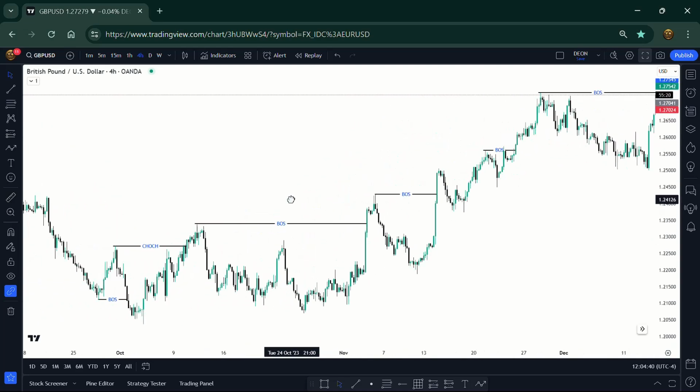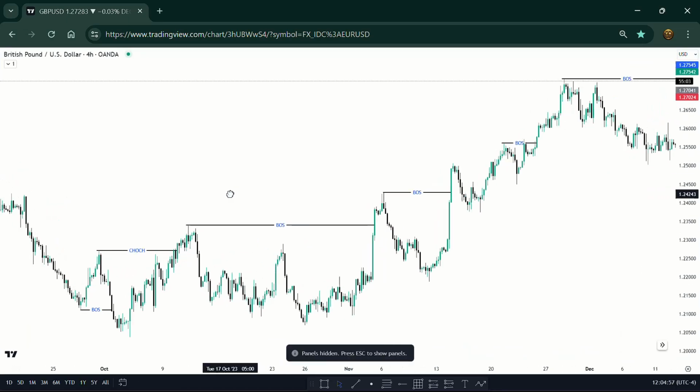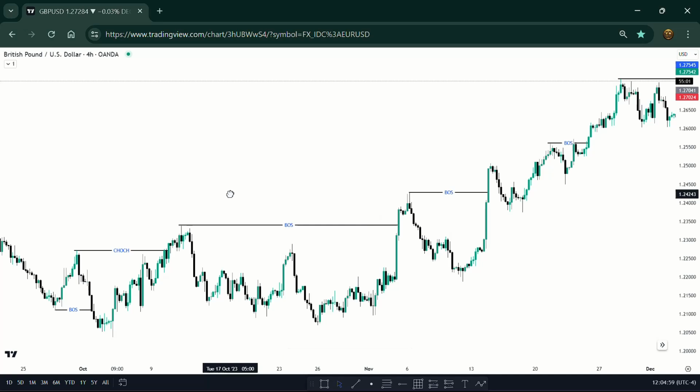When you've already mapped your structure, you have done your structure mapping, this is what you need to be focusing on. I want you to go back to your charts. I don't want you to just be listening to me. Just go back to your charts and start identifying these things. It's very easy. It's very obvious.